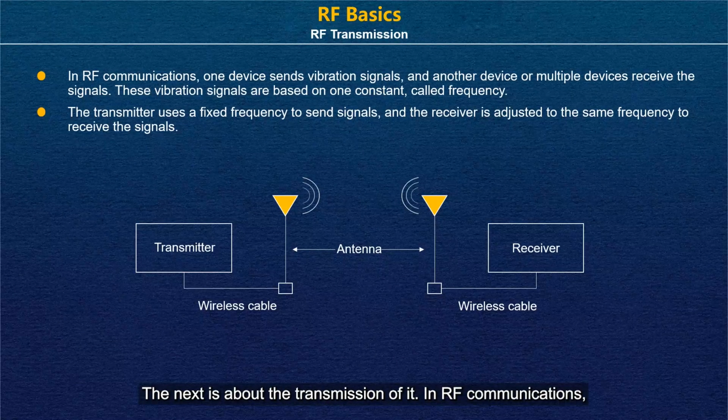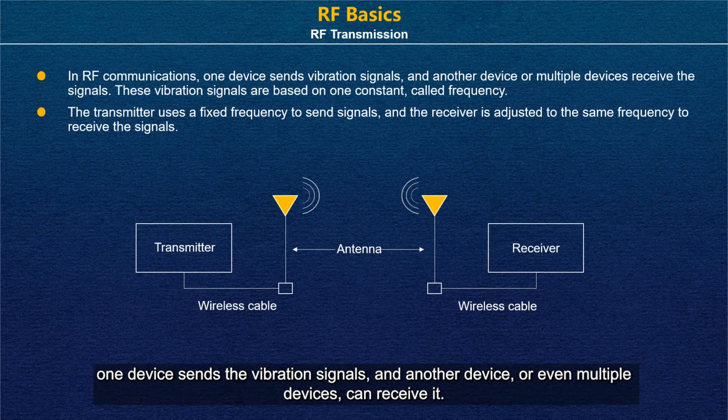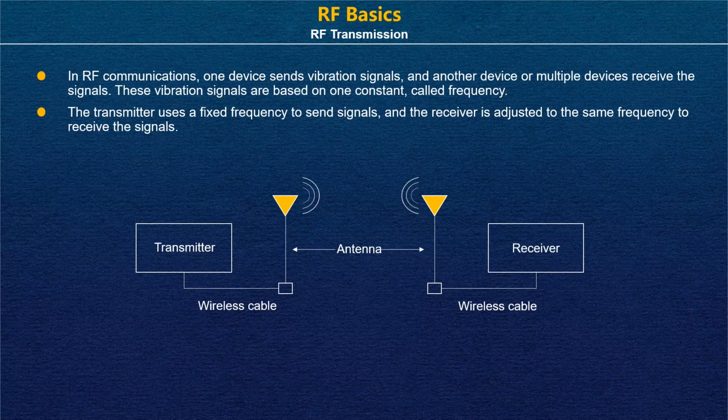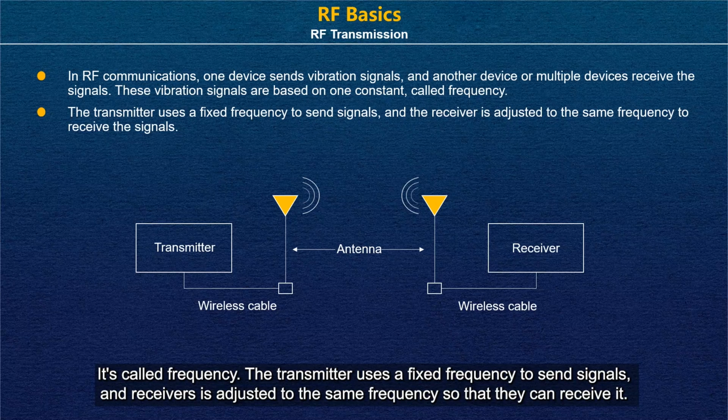And next is about the transmission of it. In RF communications, one device sends vibration signals, and another device or even multiple devices can receive it. These vibration signals are based on one constant. It's called the frequency. The transmitter uses a fixed frequency to send signals, and the receiver is adjusted to the same frequency so that they can receive it.